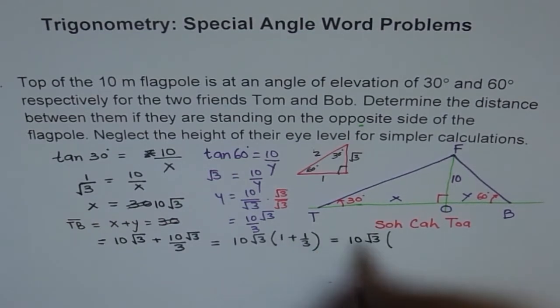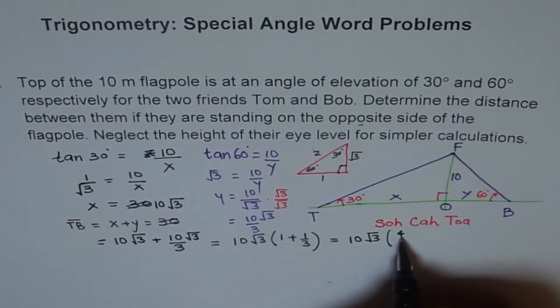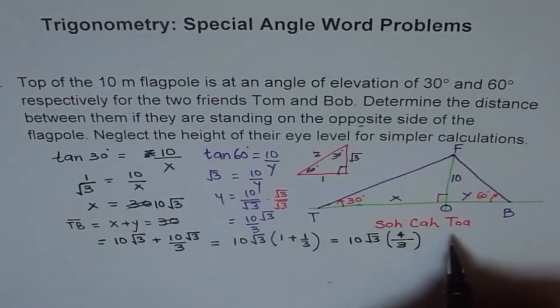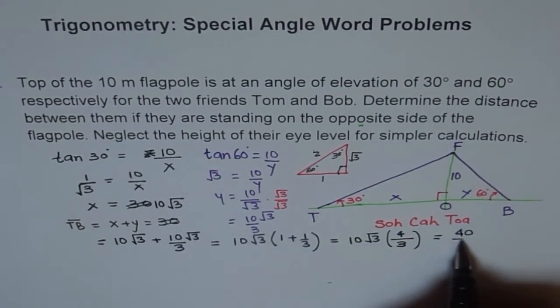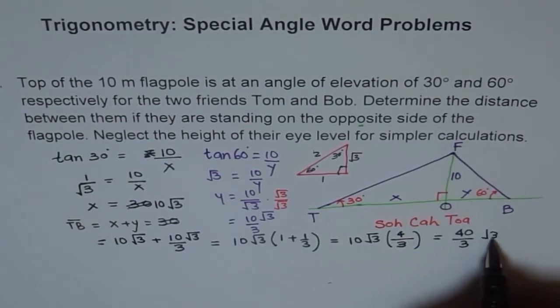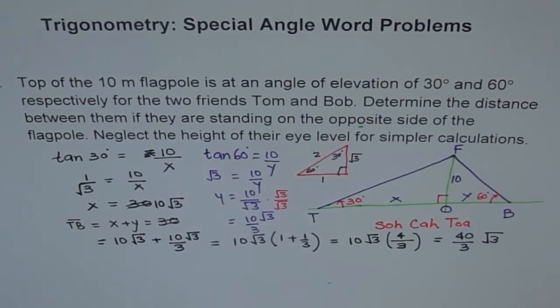So then 3 plus 1 is 4, so we get 4 over 3, correct? So we can further extend it. 4 times 10 is 40 over 3 square root 3, correct? So that is the distance between the two friends.